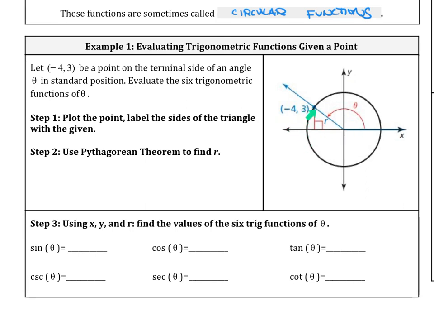And then we label the sides of the triangle with our given. So y is 3, and our x value is -4, so this is negative 4.